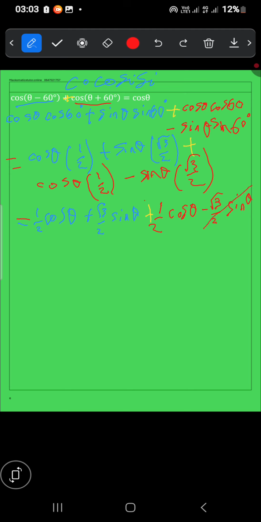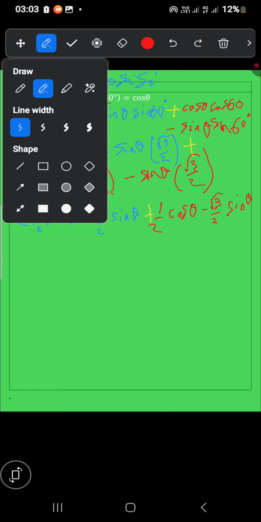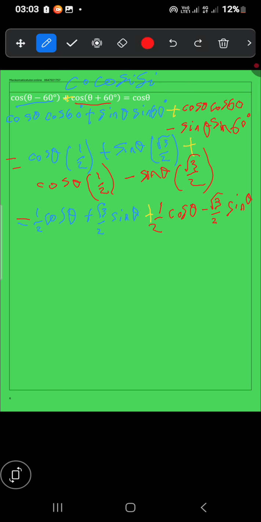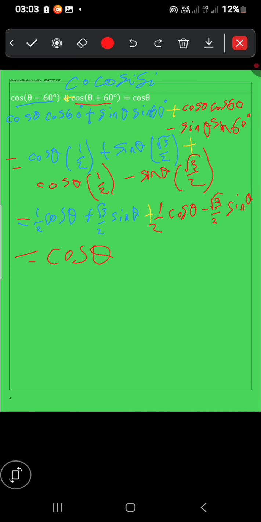So this and that cancel. Then half cos plus a half cos is 1 cos. So you're going to have cos theta. So the left hand side is equals to the right hand side. We have proven the identity.